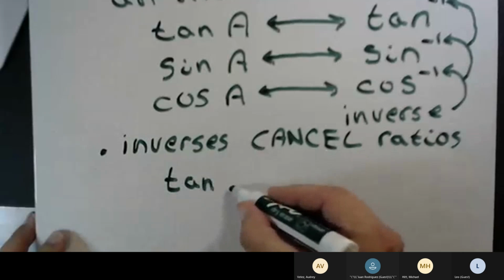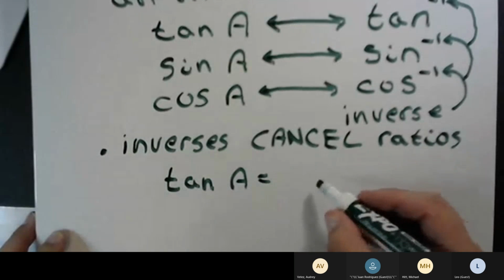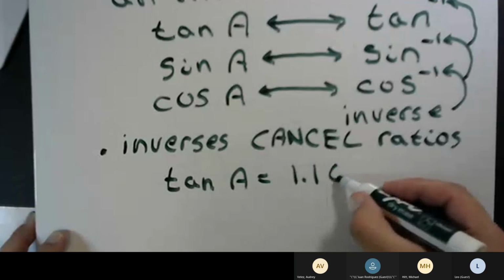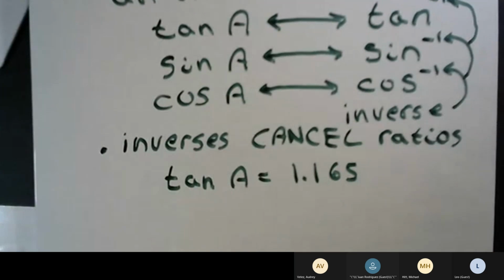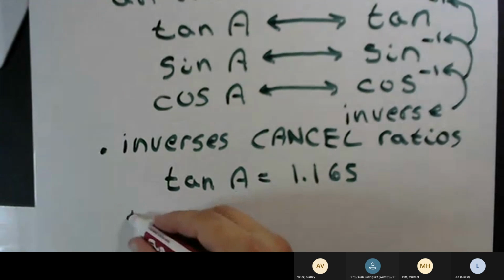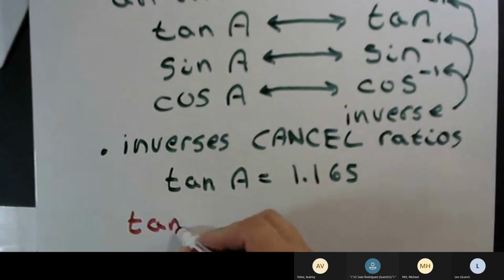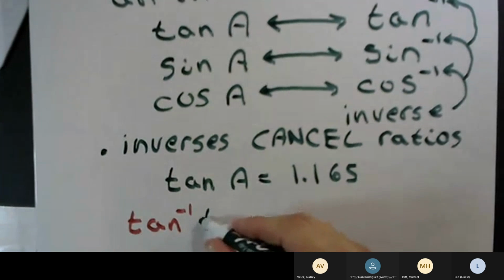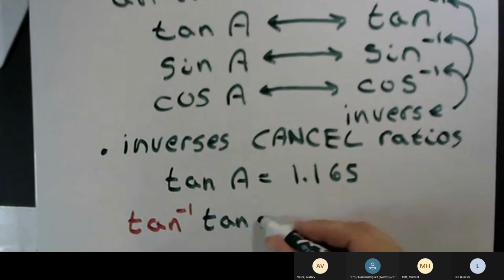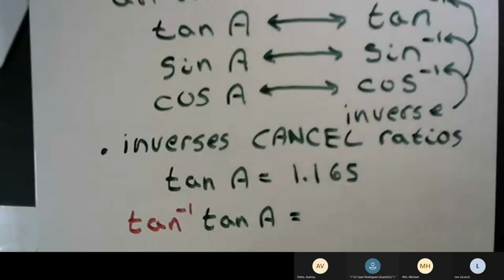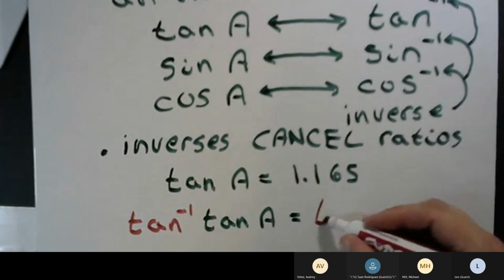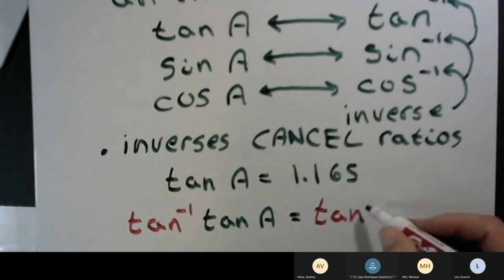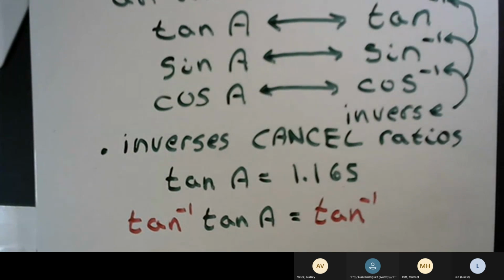If you have the tangent of A equal to 1.165, then what we're going to do is take the tangent inverse of both sides. And what we do to one side, always the case in algebra, we do to the other.